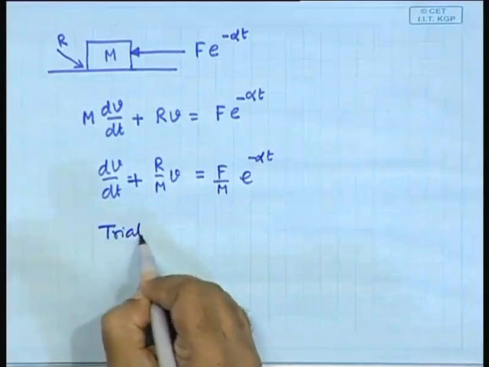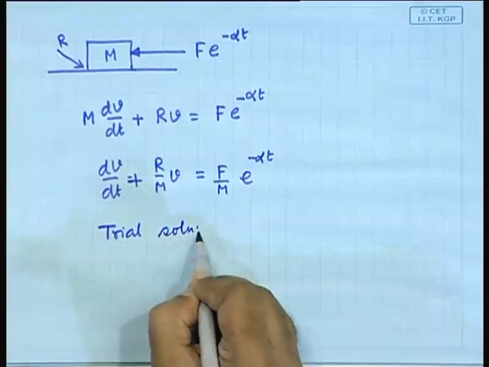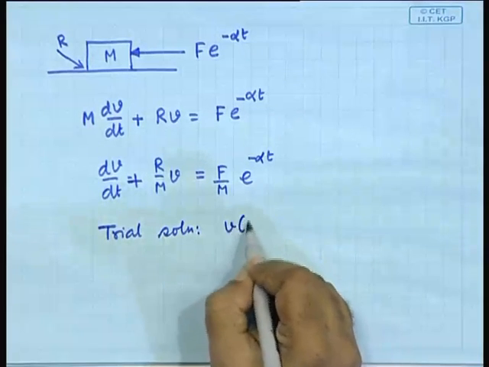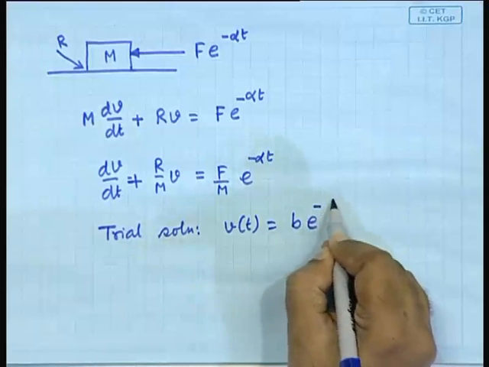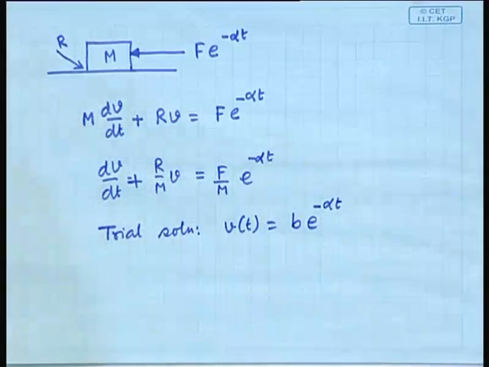Trial solution may be v of t equals b e to the power minus alpha t, the exponent has to be the same. Okay.